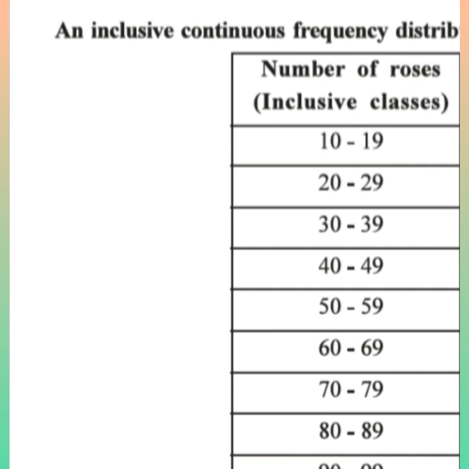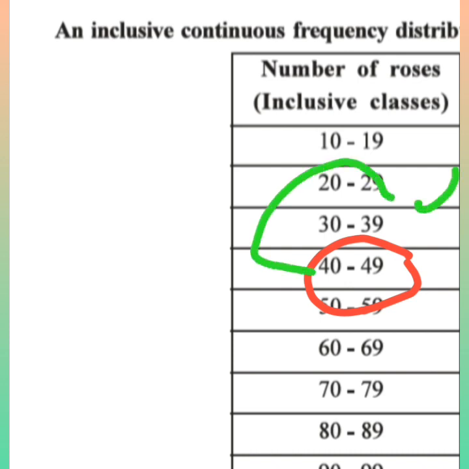Children, if I take the class 40 to 49, you would find the class above it is 30 to 39. Now you see, 39 and 40 are not the same.